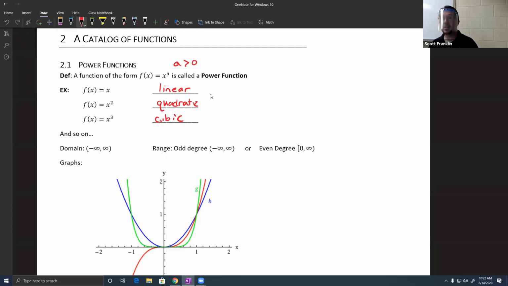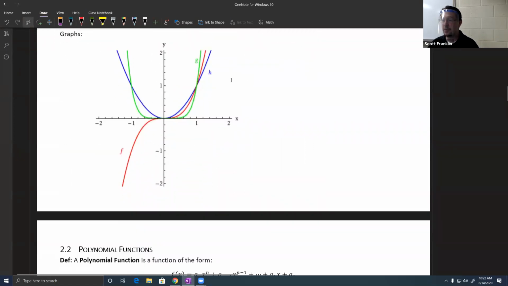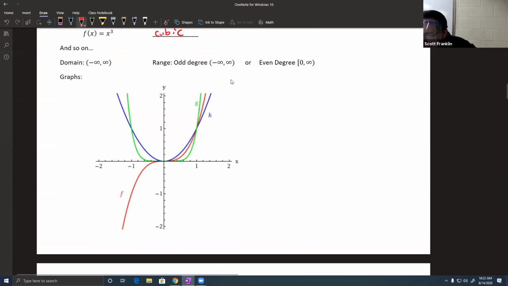The range varies based on whether you've got even powers or odd powers, and you can see that in the picture of the graph that I have below here. The function that goes down, this f right here, that is x cubed. The blue function, which I know your notes don't have this, but you can see it in the picture in the notes online. You can at least label it.